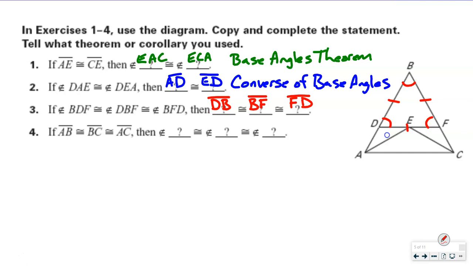And that would be our corollary to the base angles and corollary to the converse of base angles theorem. So I'll write that down here.